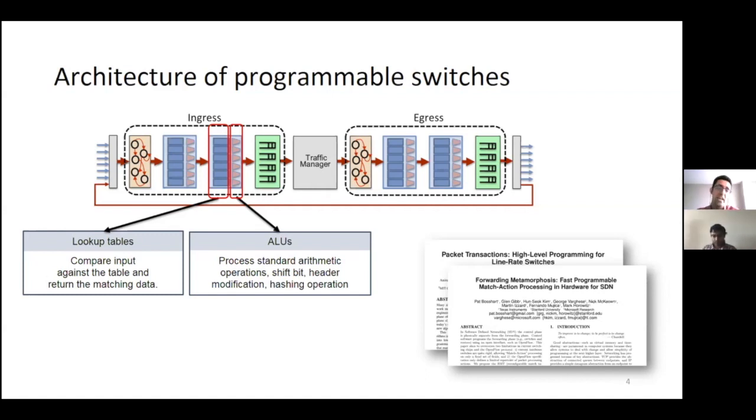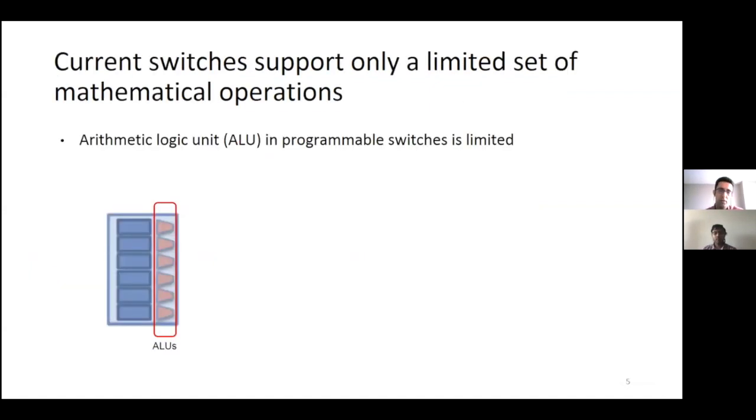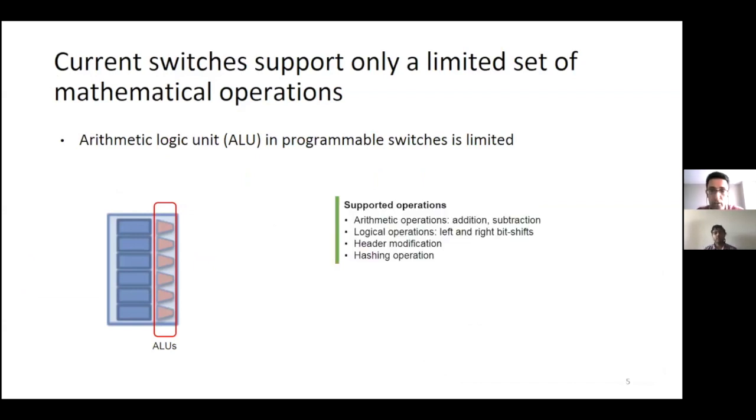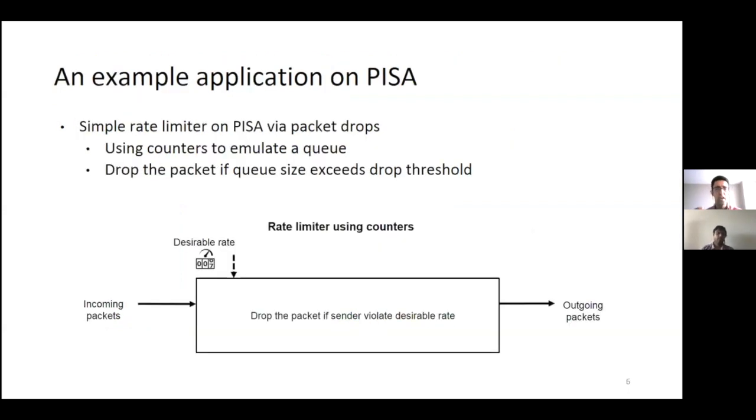Then we have ALUs that are responsible for processing standard arithmetic operations, shift bits, header modification, and hashing operations. But unfortunately, ALUs in programmable switches are limited. ALUs can support addition and subtraction, left and right bit shifts, header modification, and hashing operations, but they cannot support division and multiplication, which happens to be important in some applications.